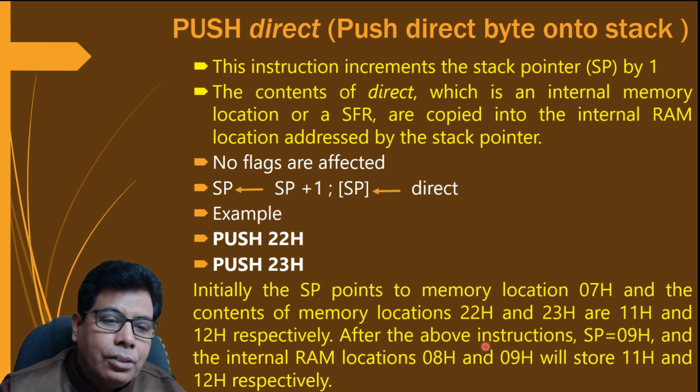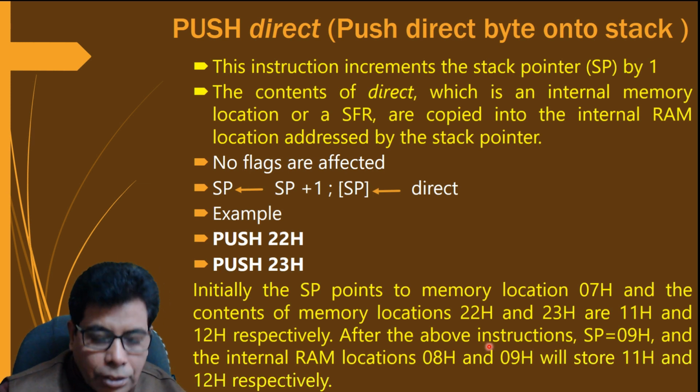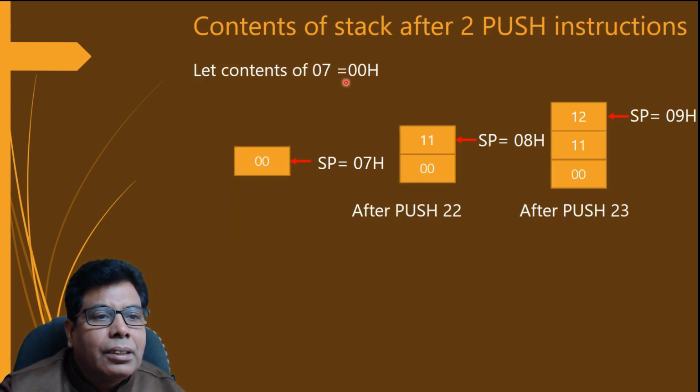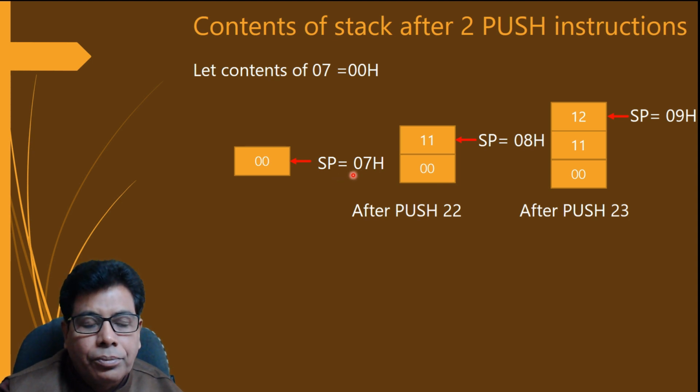Now if you want to understand it, we have the diagram for that. See the contents of 07, we have just assumed that it is 00. So the stack pointer is pointing to 07, that is after the reset operation. Now after push 22, what will happen?